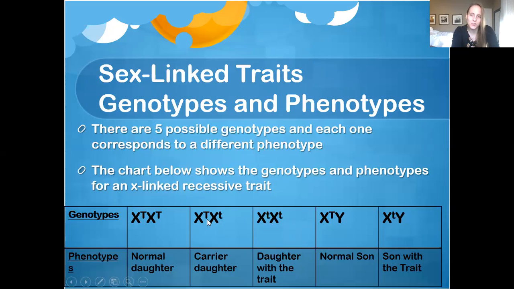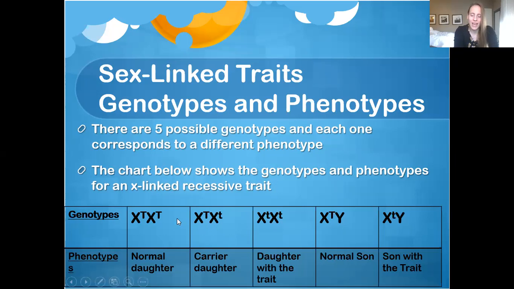With sex-linked traits, you always have to write the sex chromosomes, and then you write the trait as a superscript. So you can have the first genotype here, which is a female that has both of the alleles as the dominant one, in which case she is perfectly normal and does not carry the X-linked recessive trait.